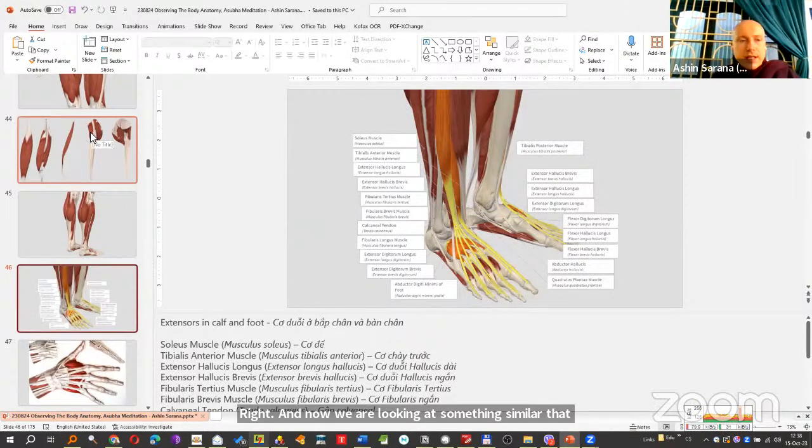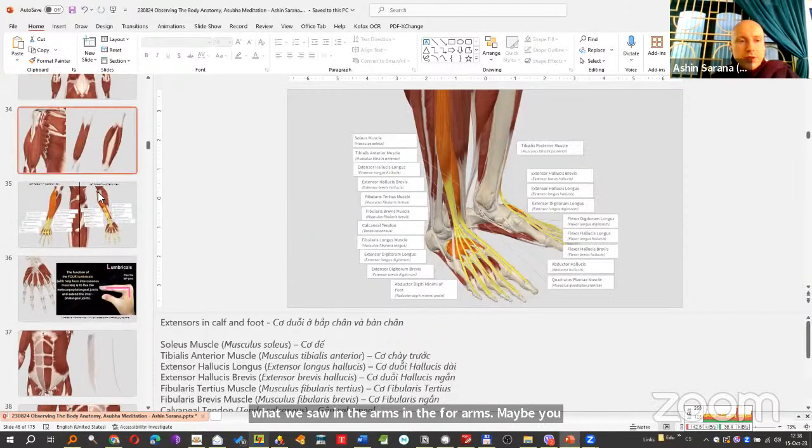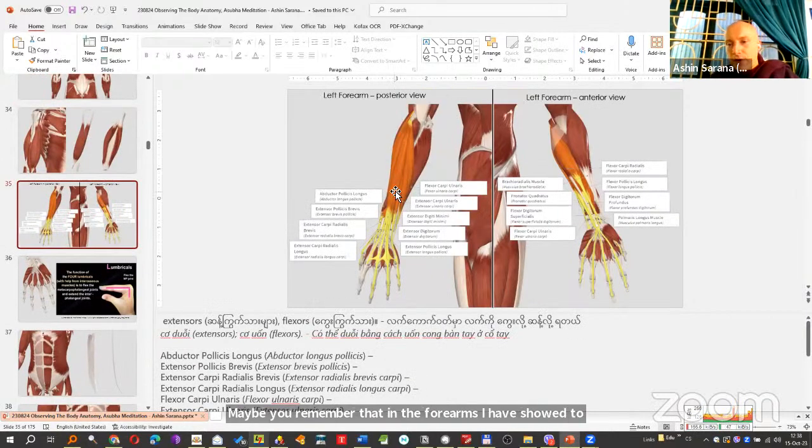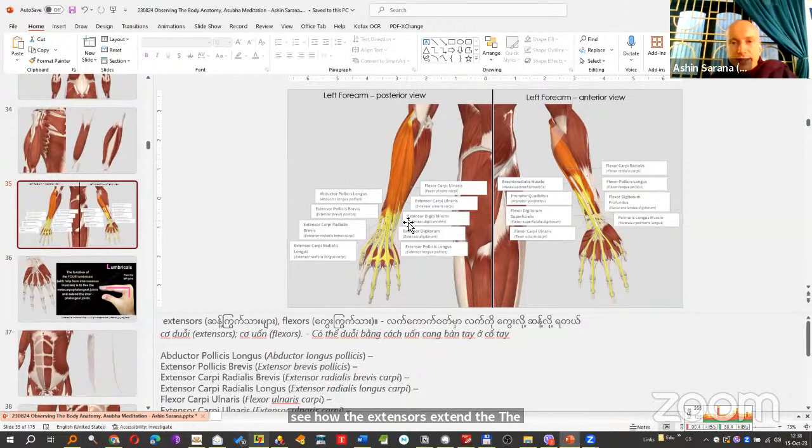Maybe you remember that in the forearms, I showed you the front and the back of the forearm, so that you see how the extensors extend the forearm and the flexors flex it. So here we have highlighted the extensors, and on the other side the flexors. And on the left side we see it from the back. On the right side we see it from the front.